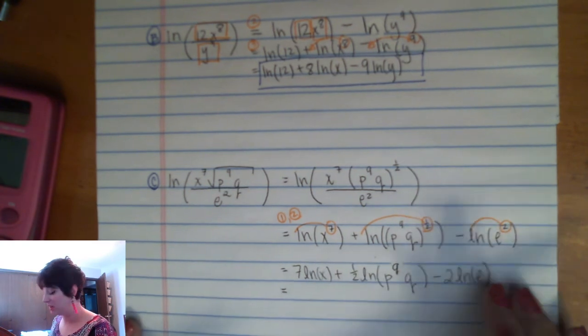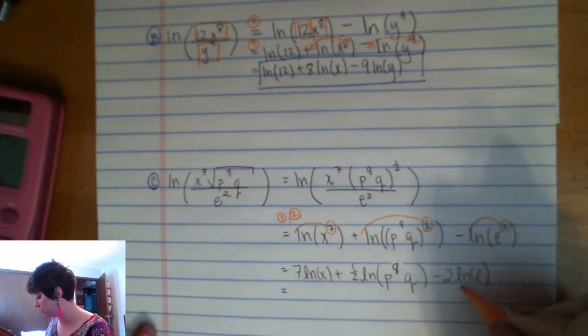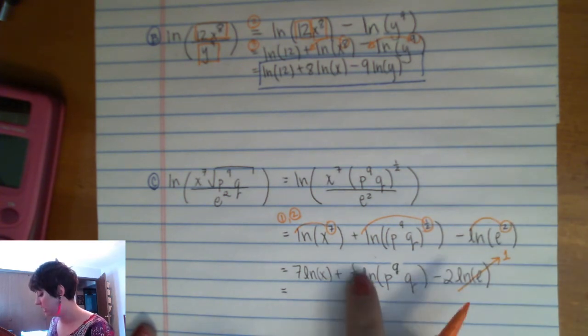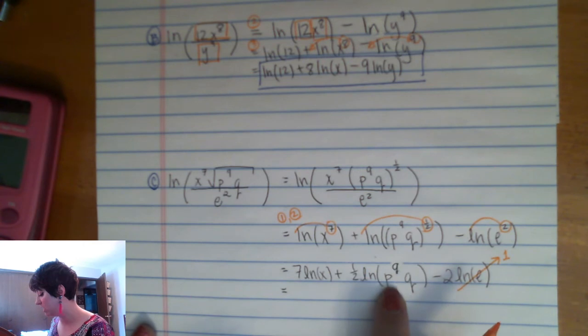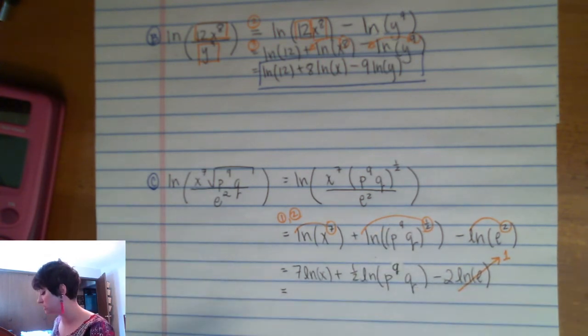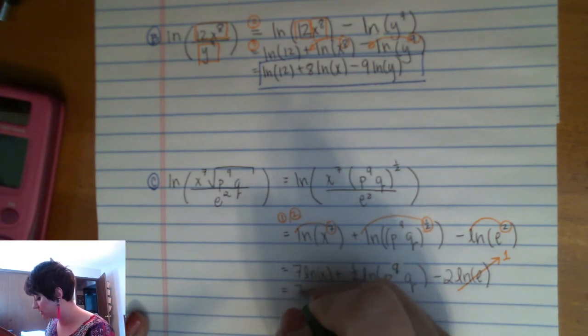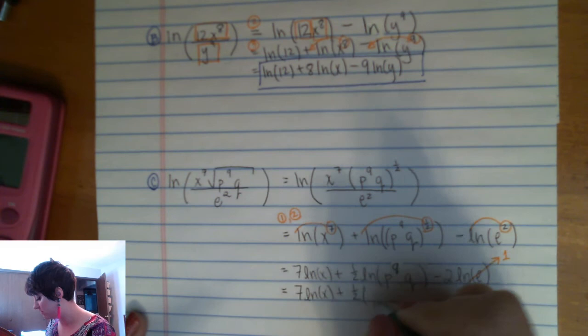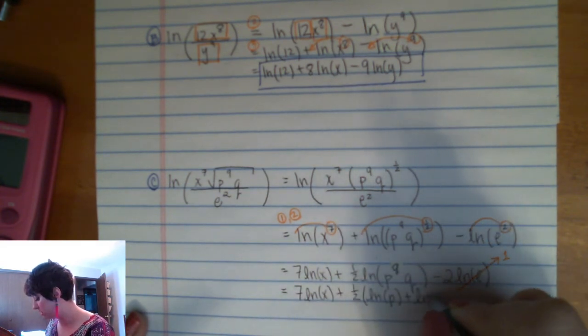Well, I know that natural log of e is 1 because e to what power is e? The first power. And again, here I have a log of a product, which is going to turn into a sum of logs. So this is 7 natural log of x plus 1/2 natural log of p plus natural log of q.